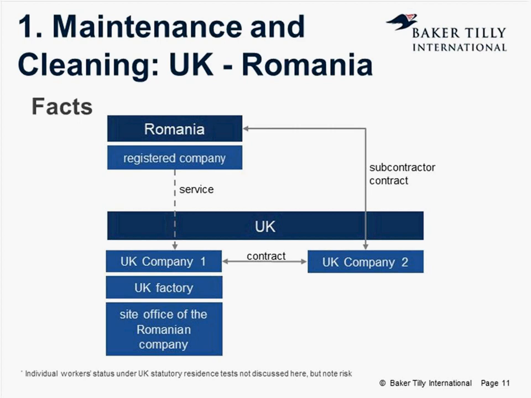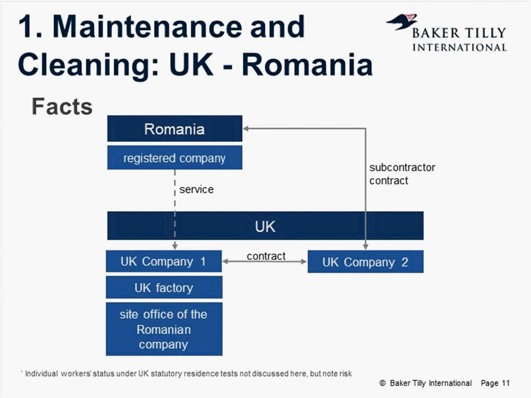To start with a case that our colleagues in the UK had to clarify for a Romanian company. Colleagues were approached by the Romanian company that provides maintenance and cleaning services for various companies.